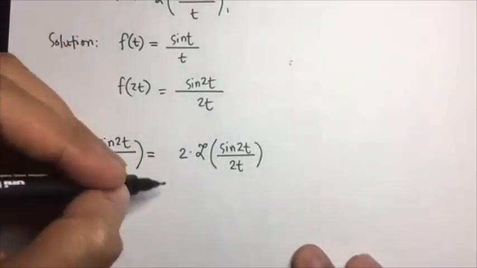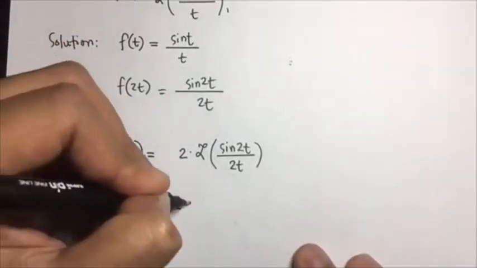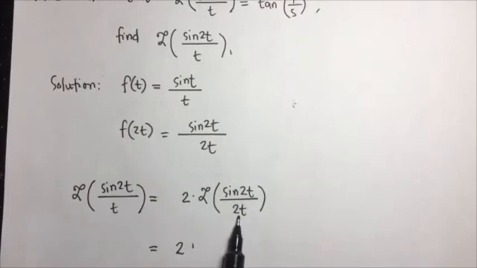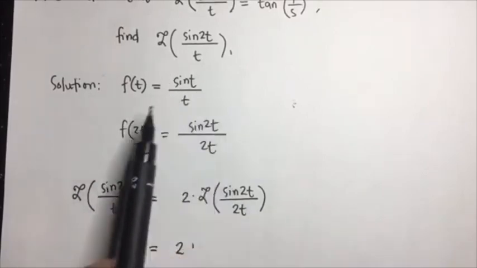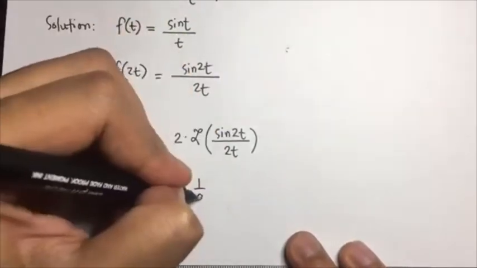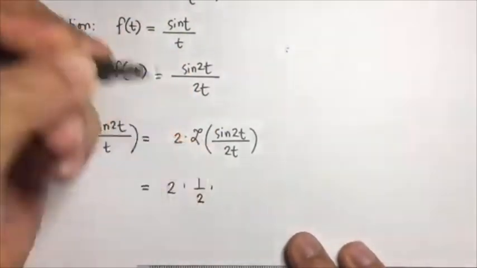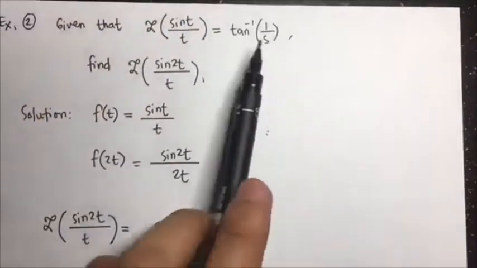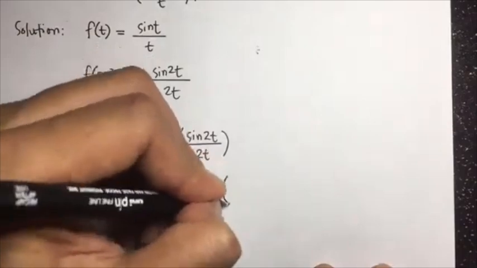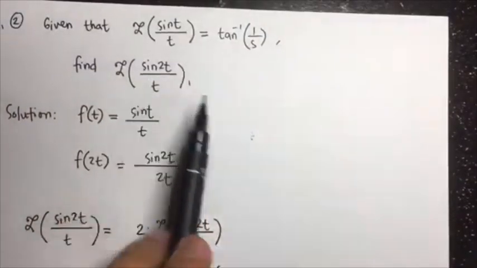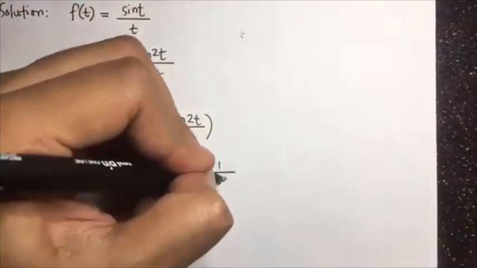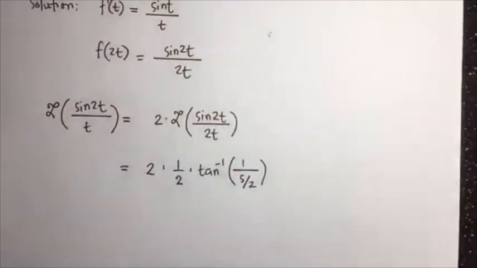So this will become 2 times, applying the change of scale property, 1 over a, where our a is equal to 2, times arctan of, replacing s with s over a, 1 over s over 2.